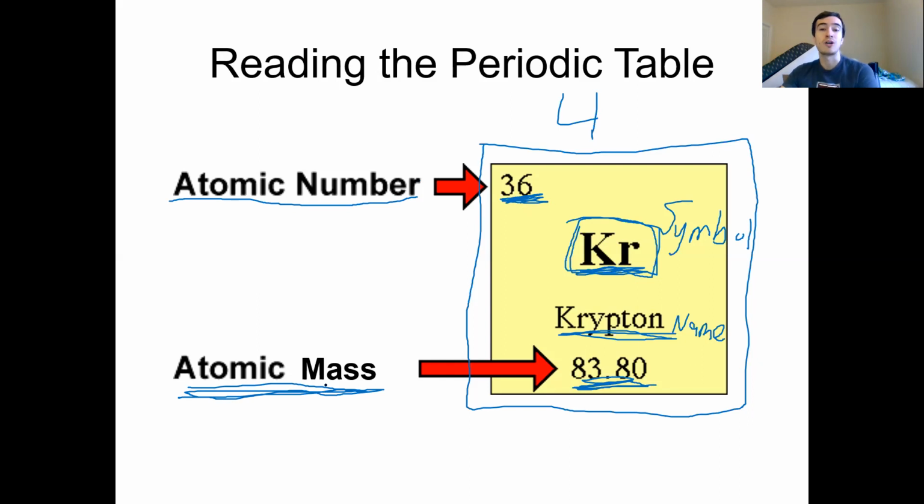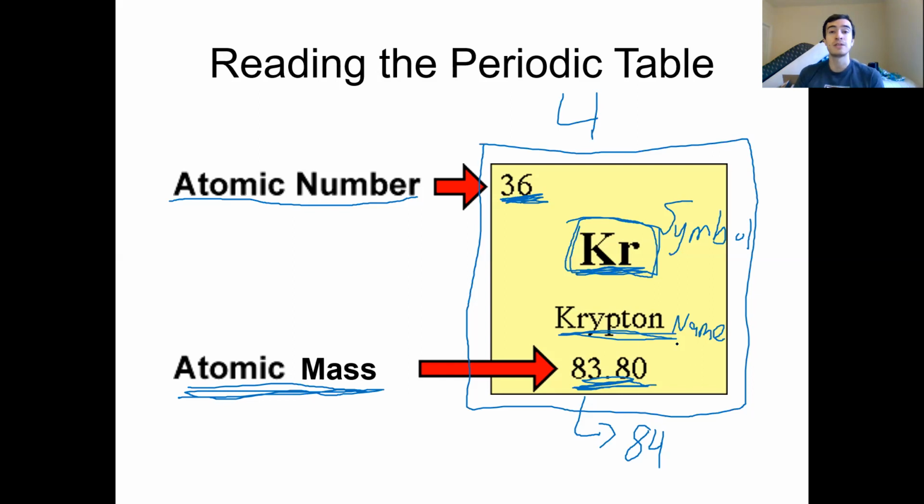So for krypton, our atomic number is 36 and our atomic mass is 83.8. A lot of times when we're doing calculations with the atomic mass, we'll just round to the closest whole number so that we don't have to deal with these smaller fractions. And so we could also say that krypton has an atomic mass of 84, because 83.8 is almost 84, so we can round up as well. So an atomic mass of about 84 and an atomic number of 36.